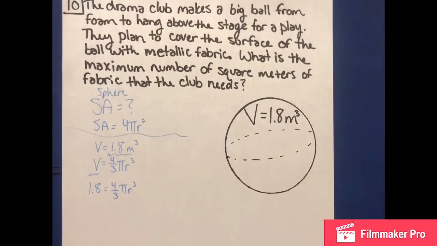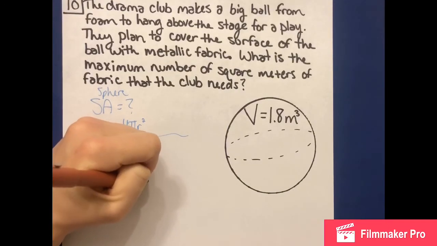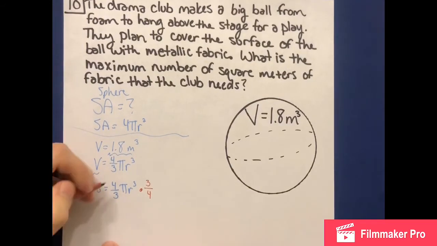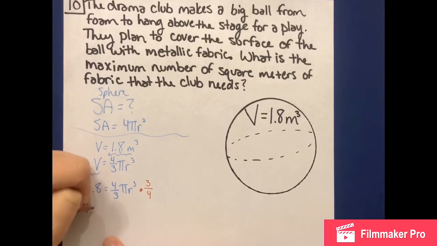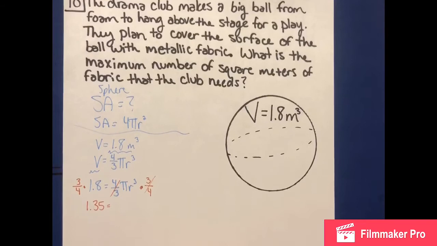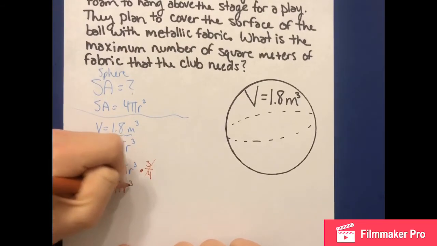I'm going to get rid of the 4/3 first, so I'm going to multiply by its reciprocal instead of dividing by the fraction. So I multiply by its reciprocal, and this leaves me with 1.35 equals, those cancel out, so I'm left with pi r cubed.